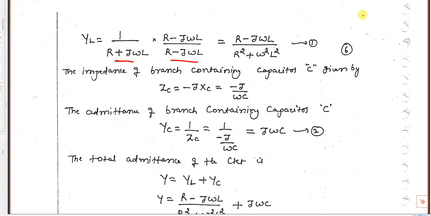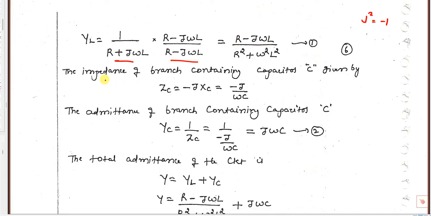But j square is minus 1, so because of the minus of minus 1 we write plus: R square plus omega square L square. So in the denominator, the j part is removed. Now we can write the real part as R by R square plus omega square L square, and the imaginary part as minus j omega L by R square plus omega square L square. That is how we separate the real and imaginary parts.